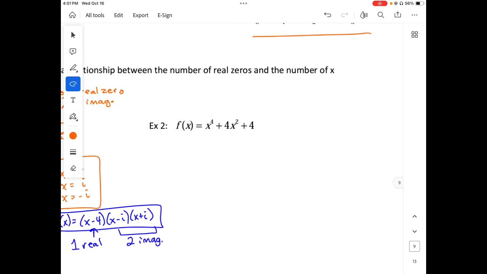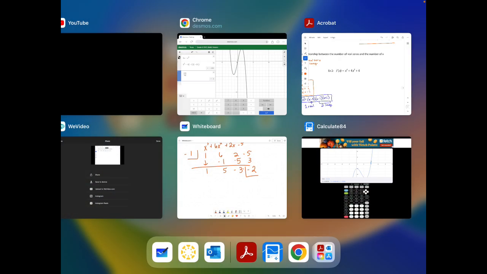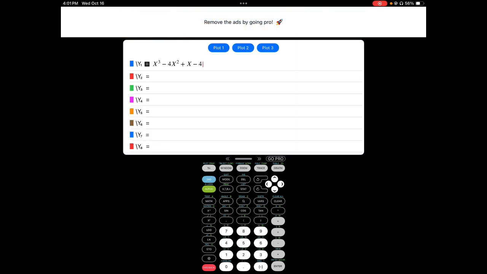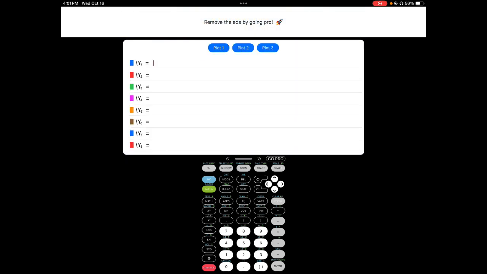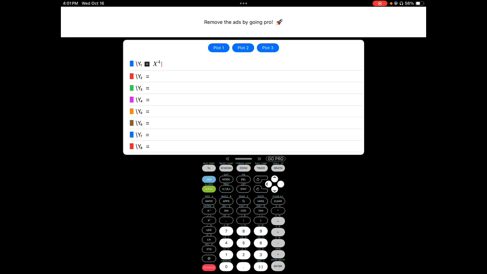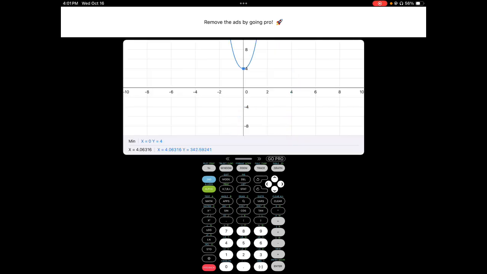Okay, so we're going to start with graphing this. I'm going to go back to my calculator, go to y equals, clear that out and put it in: x raised to the fourth plus 4x squared plus 4. Hit graph.